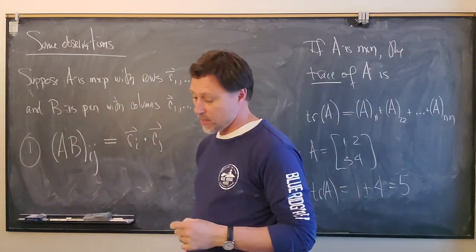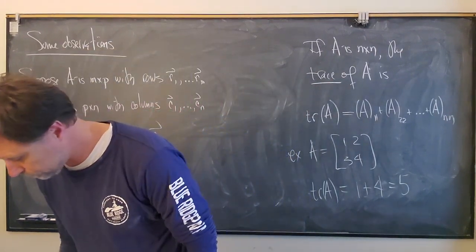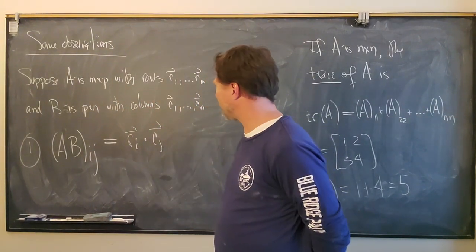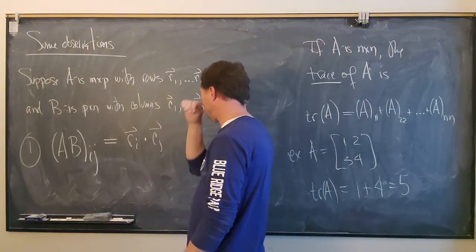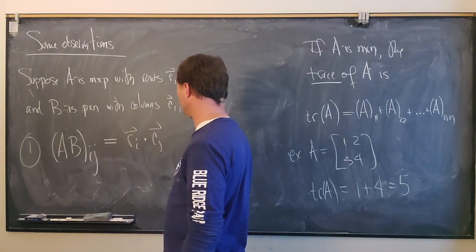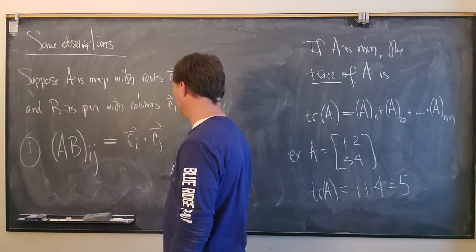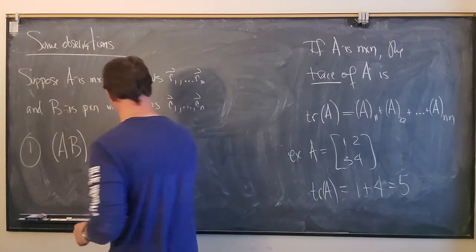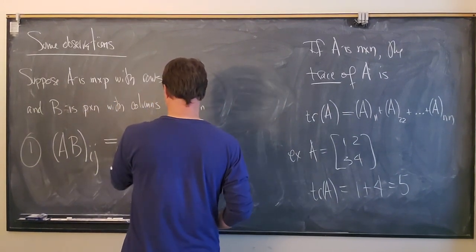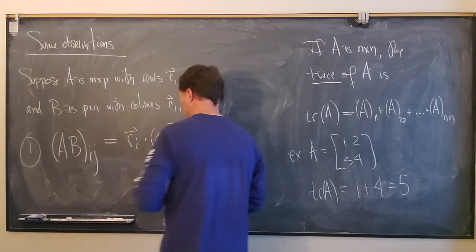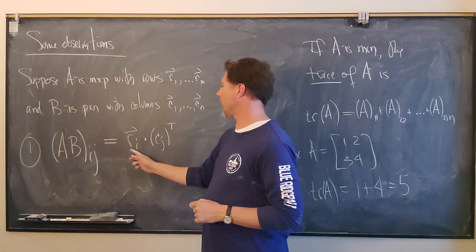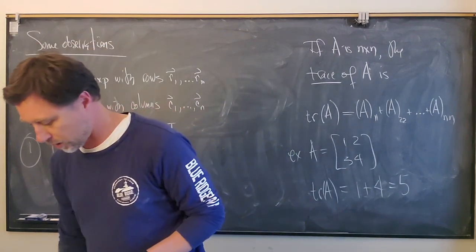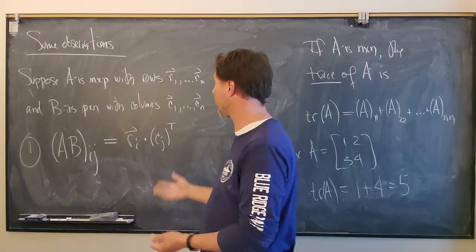So that's a nice way to think about it. This is a row vector, this is a column vector. I think maybe, you know what, I'm going to think of it like this so that they're both row vectors: R sub i dotted with C sub j transpose. Now that dot product makes a little more sense as dot products of row vectors.